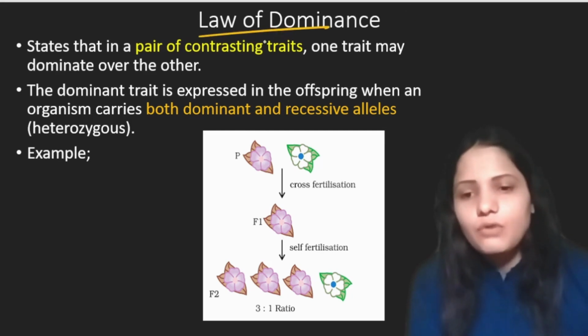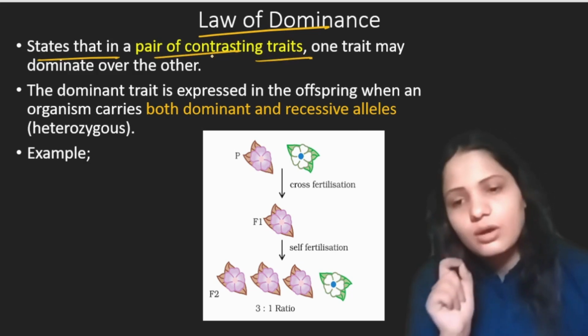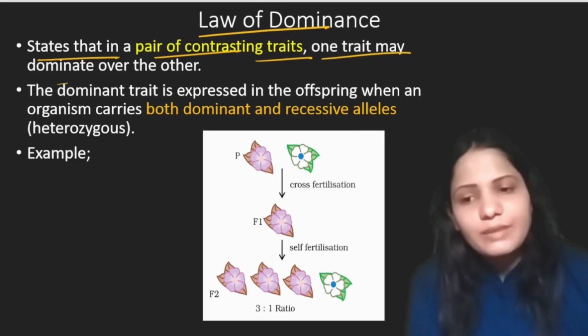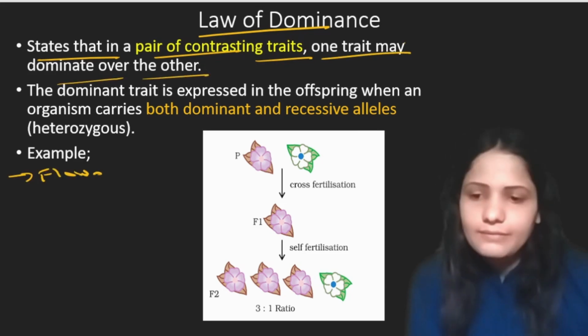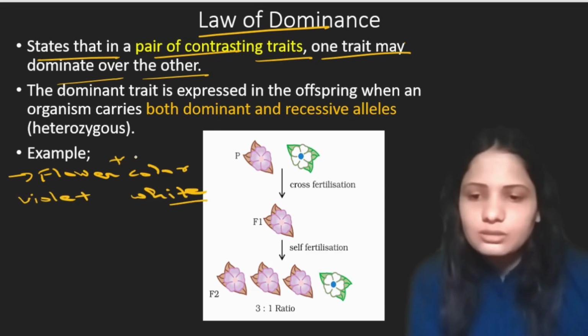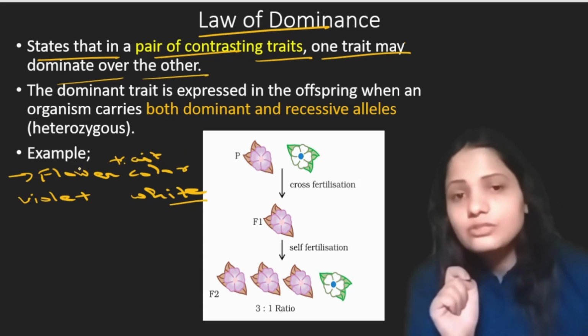Now, law of dominance states that in a pair of contrasting traits, you have to mention this term contrasting traits, one trait may dominate over the other. Let's say we have the character of flower color. Now we have two types of color, violet and white. Flower color is the trait.